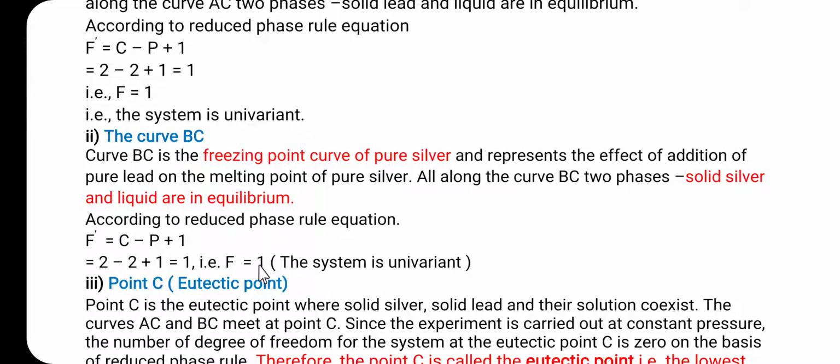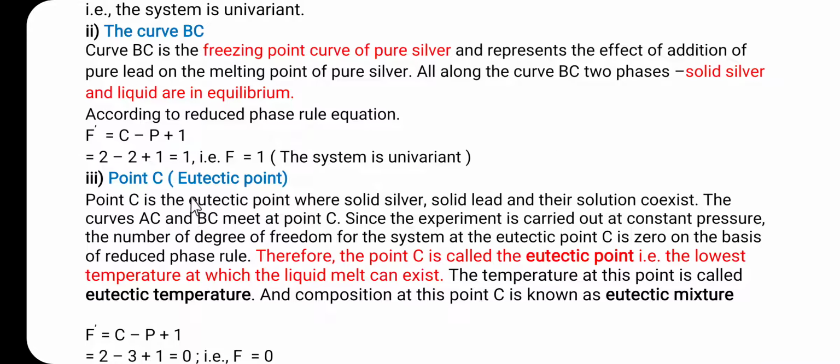Then the point C is called the eutectic point. At point C, three phases, solid silver, solid lead and their solution, are in equilibrium. It is the eutectic point where solid silver, solid lead and their solution coexist.